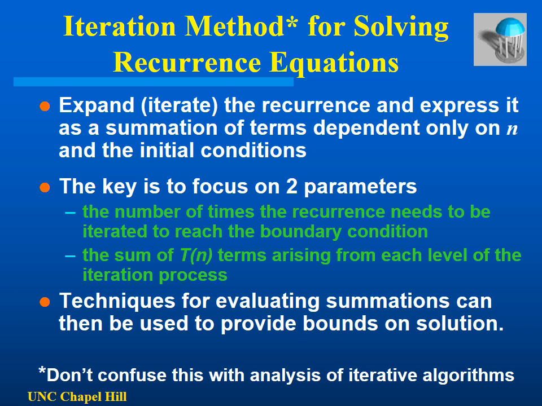The second parameter is for each level of that iteration process, we get a term and we sum over the levels to get the overall time. This produces a summation formula, and then we need to use that summation formula to get the final solution, T of n equals theta of some function of n.